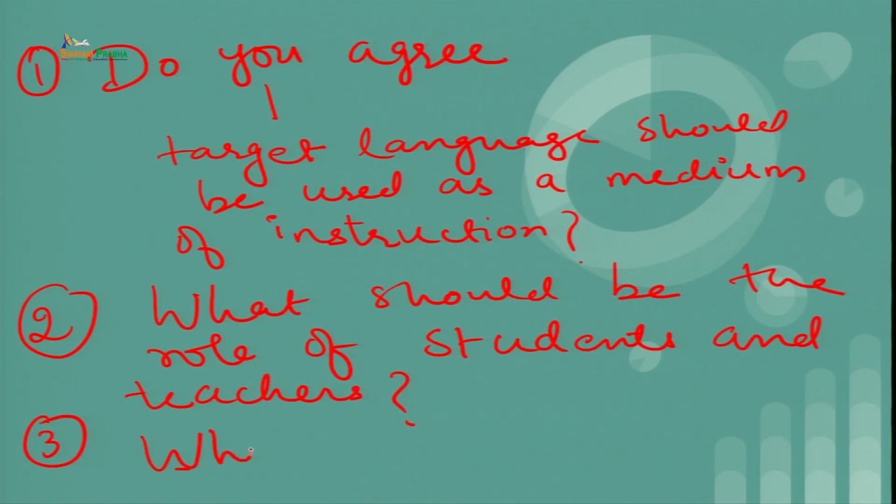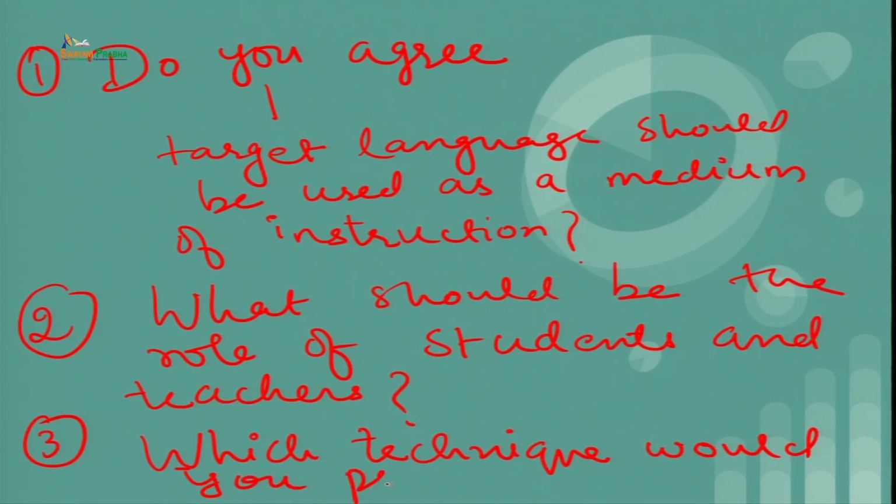So which technique would you prefer most? You can state either one method, or you can state some points from grammar translation method and direct method, and you can put up your point in any way you think is better.